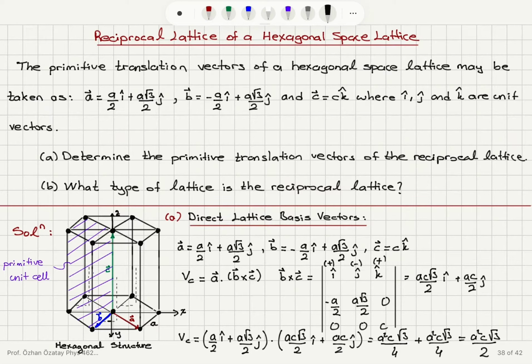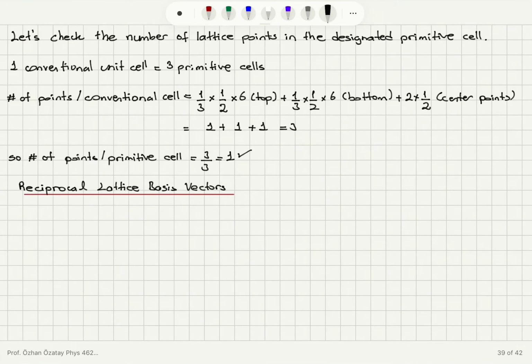Okay, so in part A, we want to determine the primitive translation vectors of the reciprocal lattice. So this is the procedure. For the capital A vector, the first vector, we will have 2 pi divided by the volume of the primitive unit cell, B cross C. So we have vector A, vector B, vector C here.